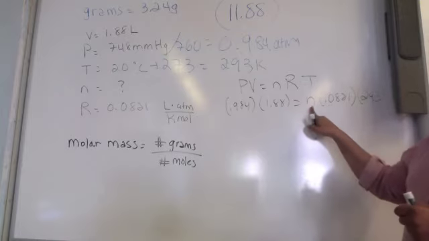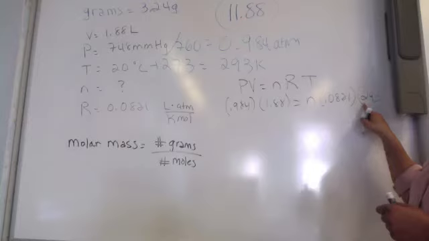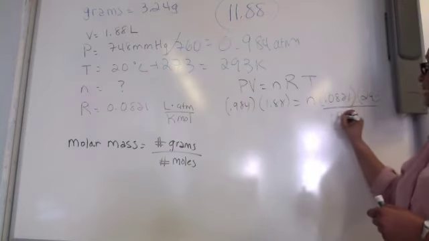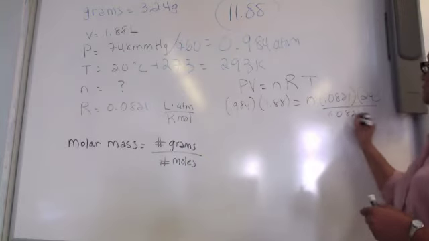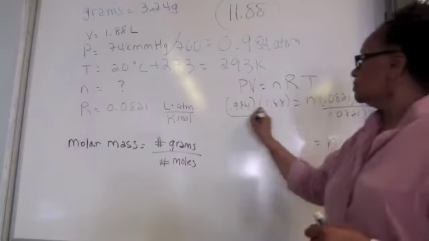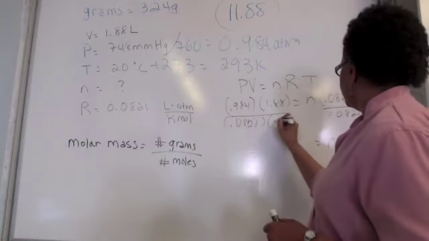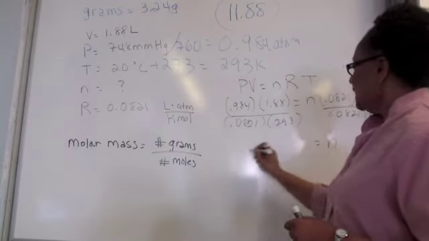So to solve for n, I can divide both sides by 0.0821 and 293. So I'll get n on this side equal to the pressure times volume divided by 0.0821 times 293.